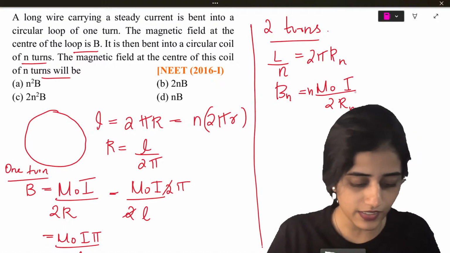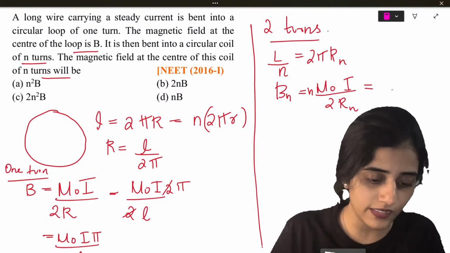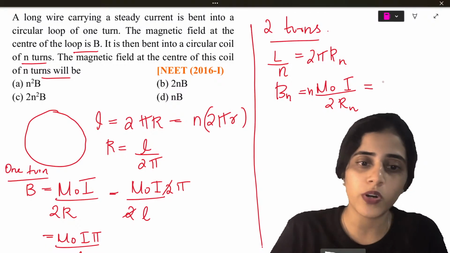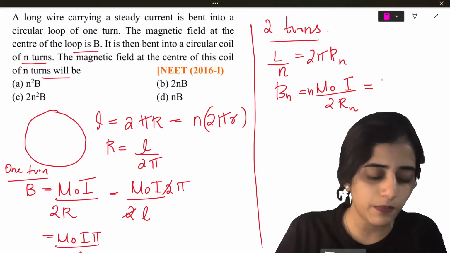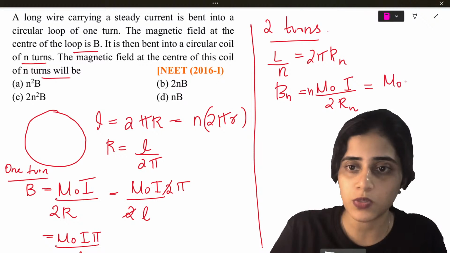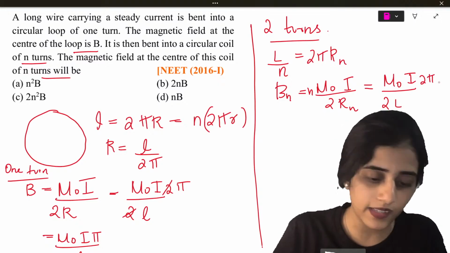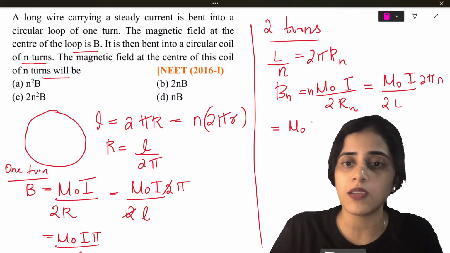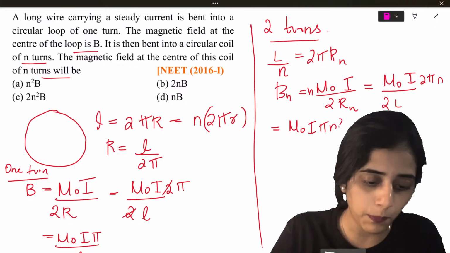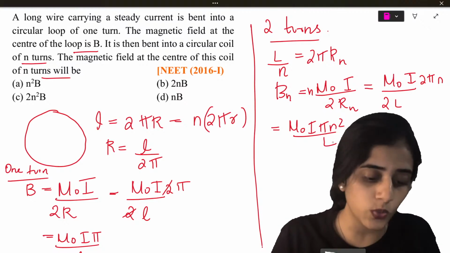Is this much clear? Are you all answering in the chat? Yes. Okay. Mu 0 I divided by 2 rn. Now what is rn? rn is the same thing, L by 2 pi n. So this would be mu 0 I divided by 2 L by 2 pi n. There are n turns, so this is going to be mu 0 I pi n square by L. The 2 and 2 will cancel.